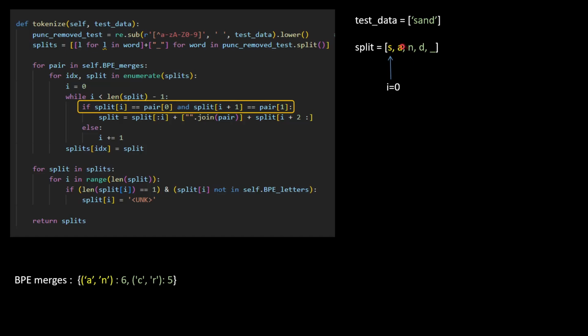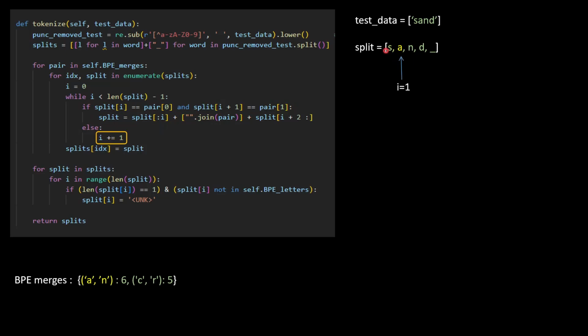So S and A, and we are going to see whether it is matching with the current merge rule or not. The current merge rule being AN, it is not matching with SA. So we will move forward and push i to the right. I was initially here, now i is 1.